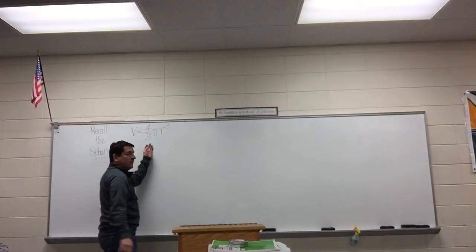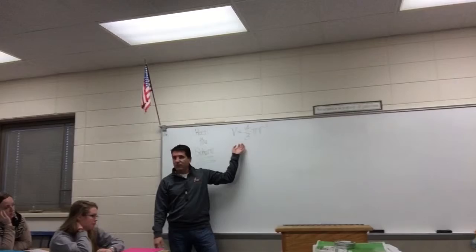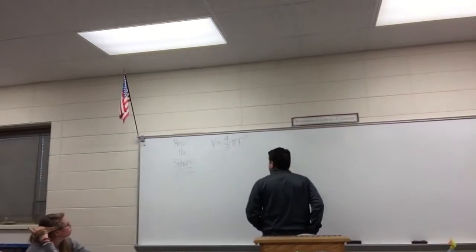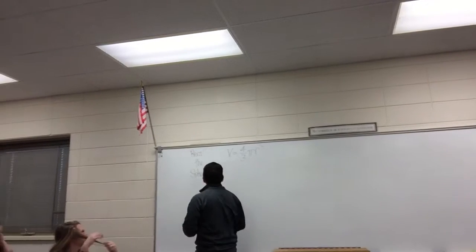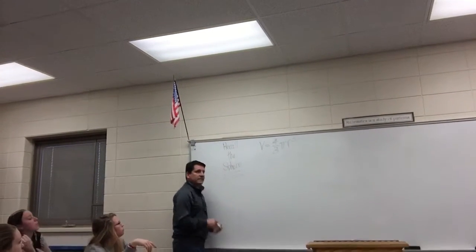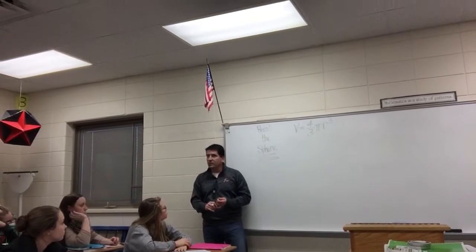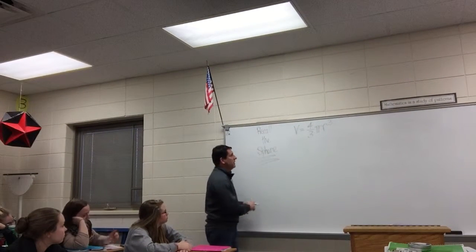The volume of a sphere has a formula 4/3 pi r cubed, okay? So if we take the derivative with respect to t, that means that the volume and the radius are both functions of time, which means their values are dependent on time.